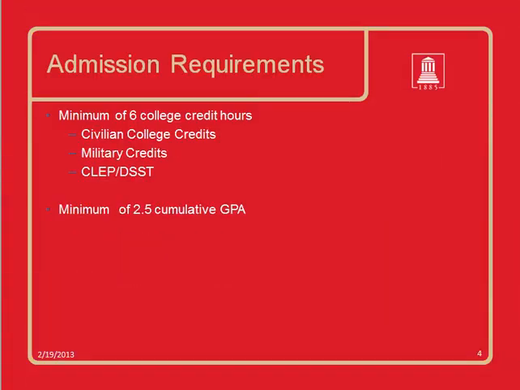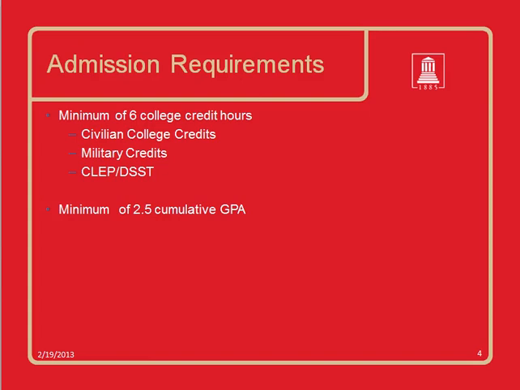The admission requirements are that, first of all, you have a minimum of 6 college credits, which can be from a civilian college, can be military credits, it can also be CLEPing or DANTES. To be admitted as an education learner, you must have a minimum of a 2.5 cumulative GPA.